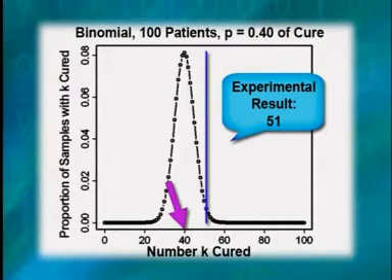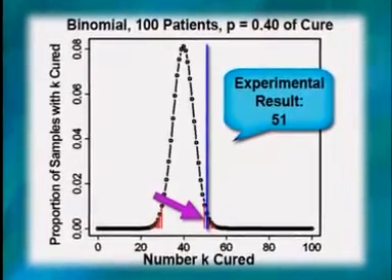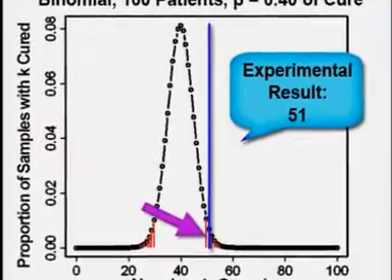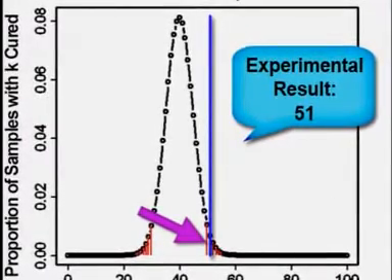In this case, 51% of the people were cured. The red markings here, which I know are hard to see, represent the 5% significance level that we chose before the experiment. We chose to say that if the result that we got is rare at the level of 5%, then we were going to reject the null hypothesis that the medication has no effect.